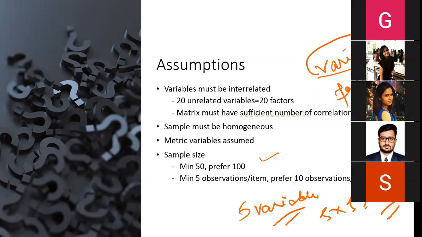So if you have 5 variables, it should be 5 by 5, 25 is the sample size that you should have. But we prefer something around 100. We prefer a higher sample size for factor analysis. So if you have 20 variables, around 100 is something that you must have. So that is the assumption.